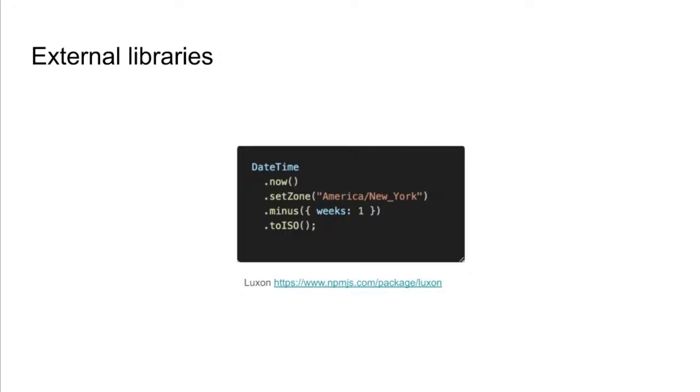So every transformation returns a new object. This example you can find on the very first page of the documentation for Luxon, and you notice that it already has support for time zones and for adding or subtracting time from a date object. And finally, we can convert the object we molded to an ISO string, for instance, if we want to use it that way.